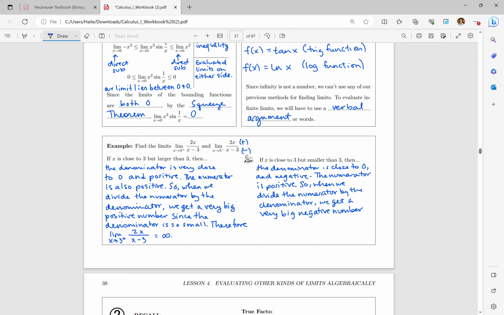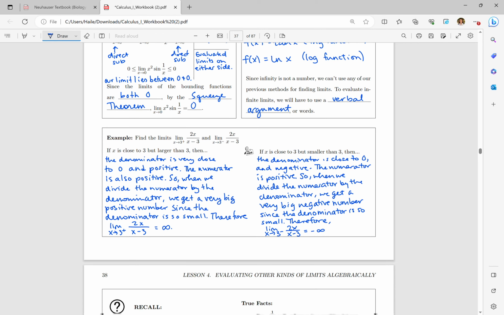And again, this is since that denominator is so small. Therefore, the limit we want, so the limit as x goes to 3 from the left of 2x over x minus 3 is equal to negative infinity. Okay, so those are two examples of verbal arguments.